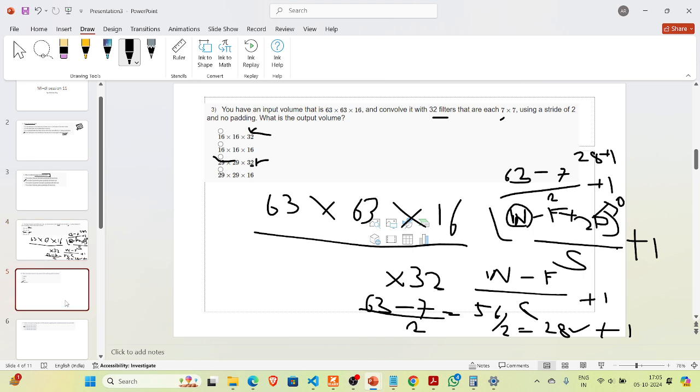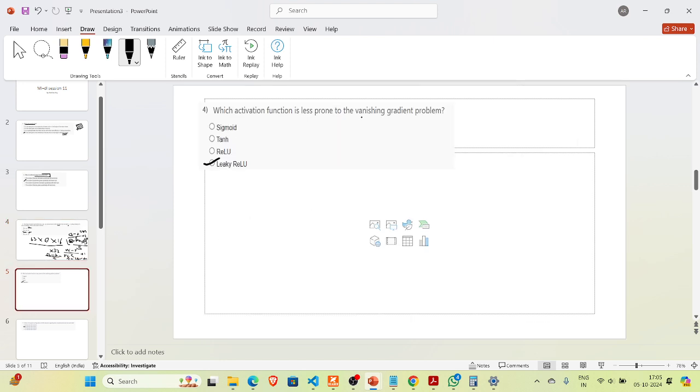Next, the question is about the vanishing gradient problem not being there. As you know, in sigmoid the derivative tends to 0 with every repetitive step of backpropagation. But in ReLU the gradient never tends to 0.